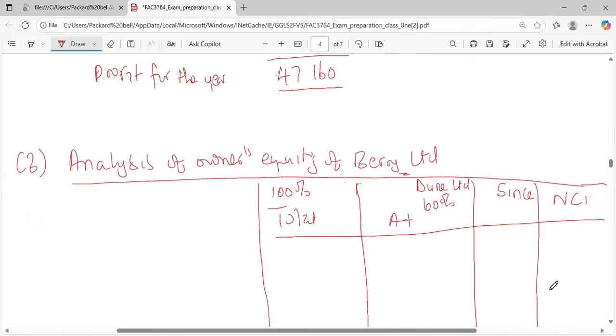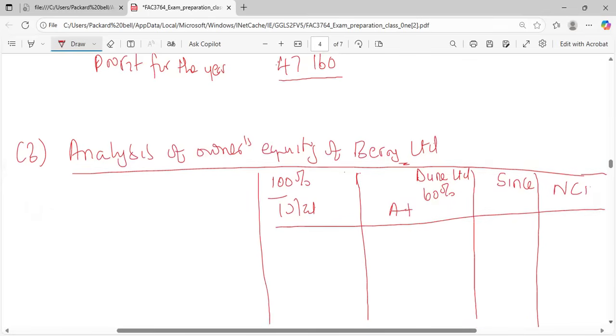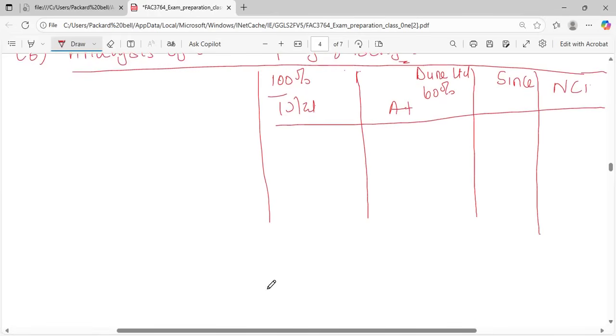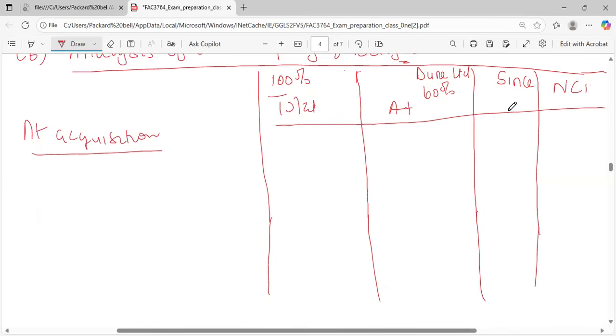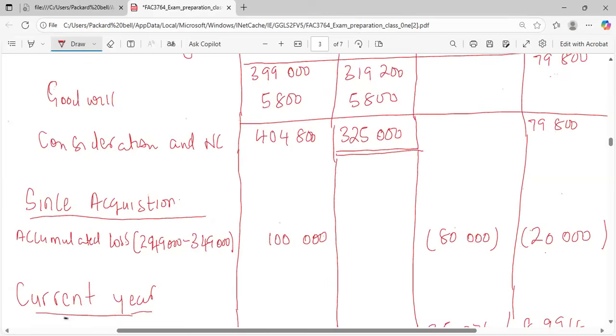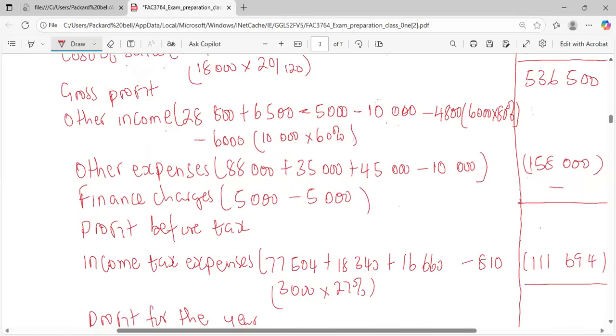Right, so that's there. So let's see what happens with acquisition. Let's go to our question and look at what happens to Bear Limited at acquisition.